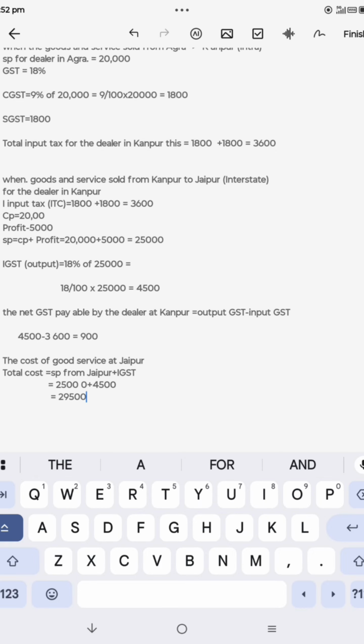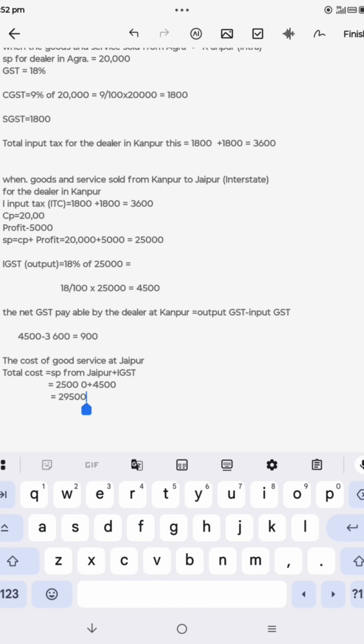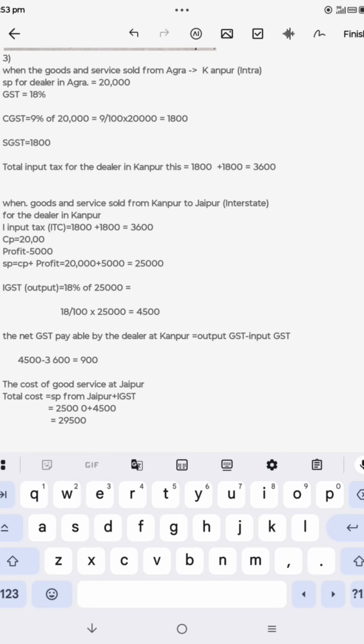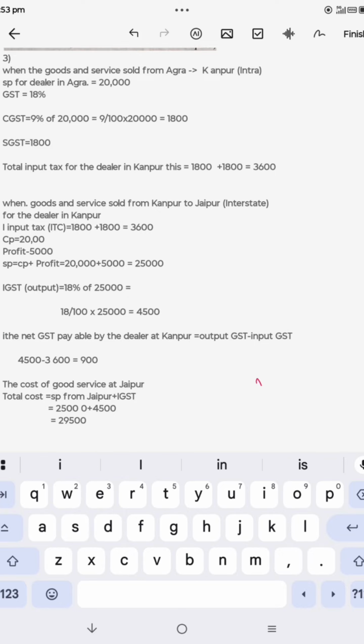So there are two answers given. The cost price they have asked, for GST received minus GST paid. The net GST payable by the dealer at Kanpur, this is the first one, that is 900.